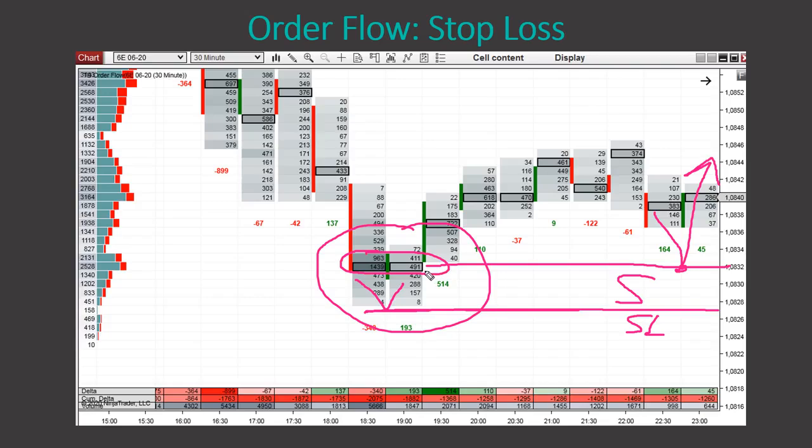So if it was 10 ticks, then it would be in here. All right, because this would just be too tight a stop loss.